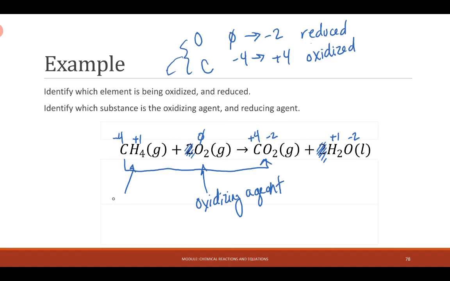And then CH4 is the reducing agent. Remember that reducing agent means it's causing reduction of something else. So CH4, methane, is causing the reduction of O2, and O2 is causing the oxidation of methane.